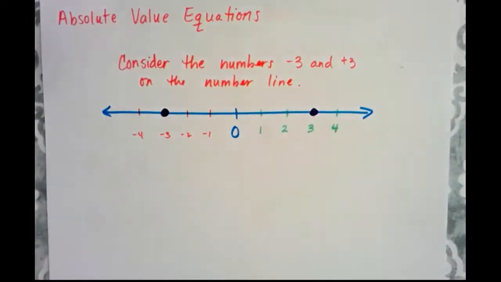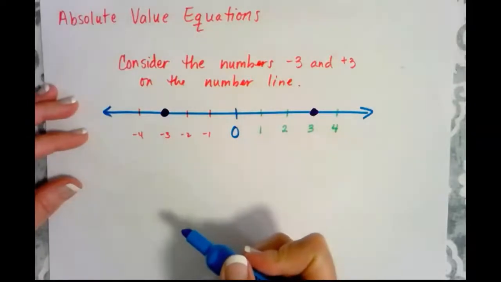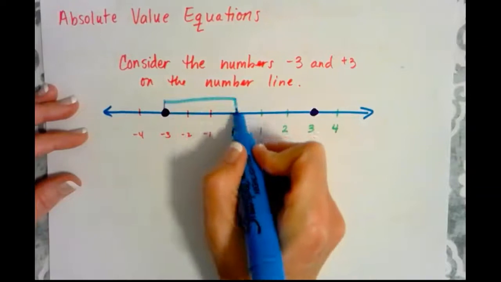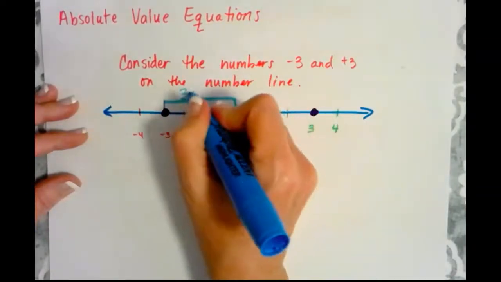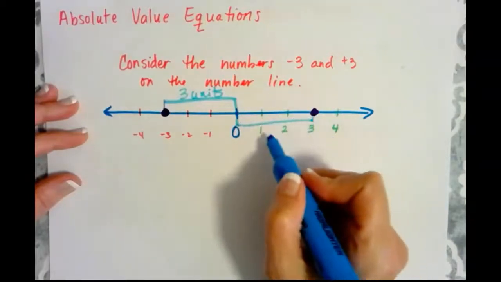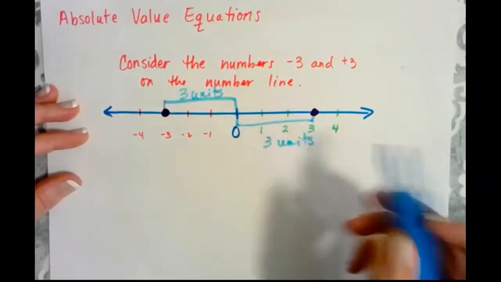And according to the definition of absolute value, which is how far a number is from 0 on the number line, what we've got here is 3 units to the left or 3 units to the right.